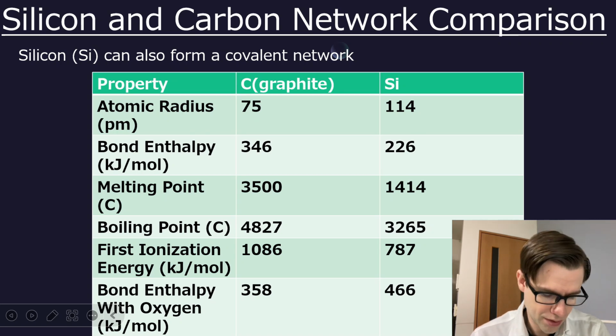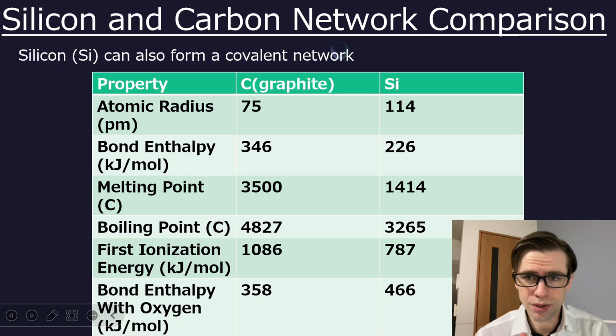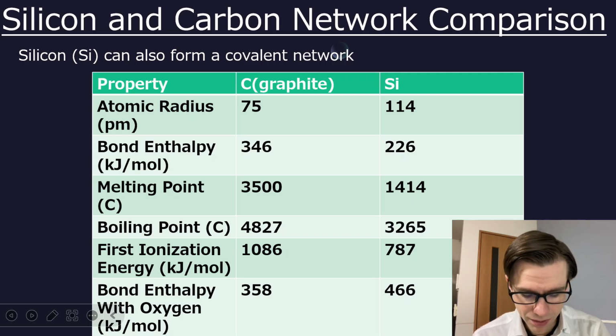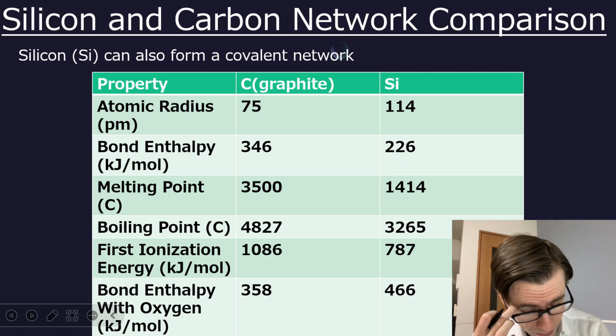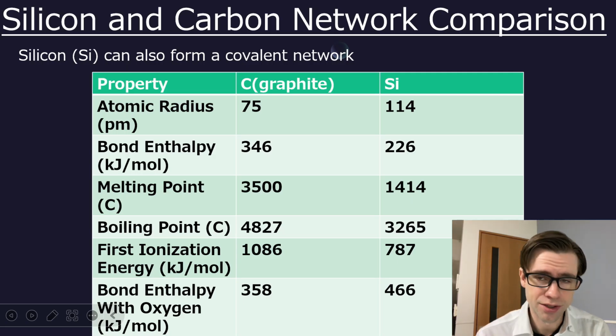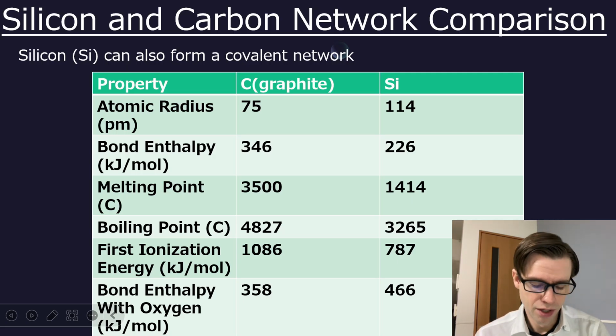And I think the reason that it's good to show you this is that silicon can form a pure solid network, but much more often on Earth here, silicon has had longer time to mix with other elements and be oxidized. So we're much more likely to find silicon oxide, so silicon dioxide, on Earth here. The bond enthalpies are more stable, and the network that it forms is more stable.